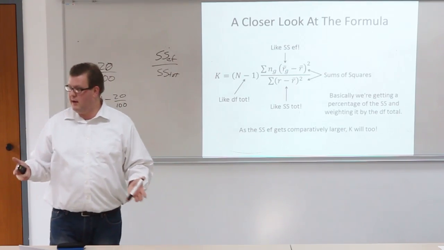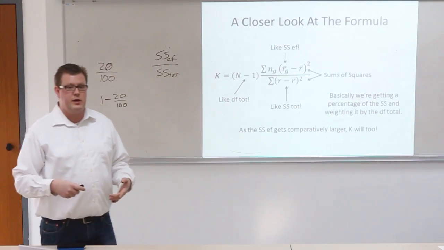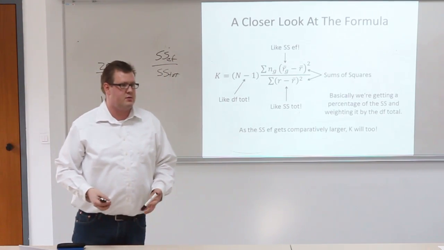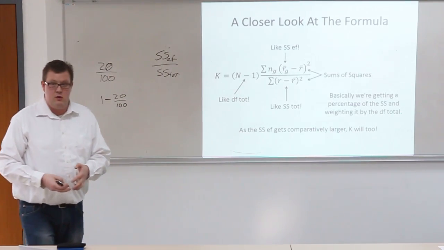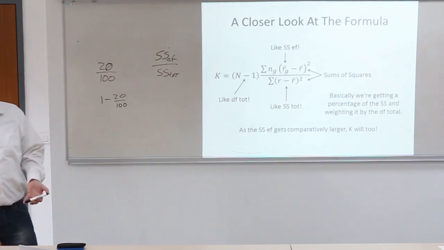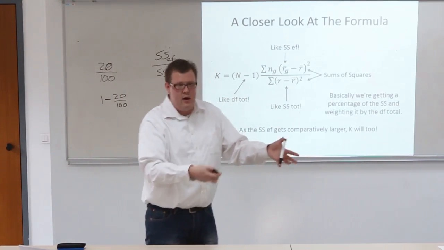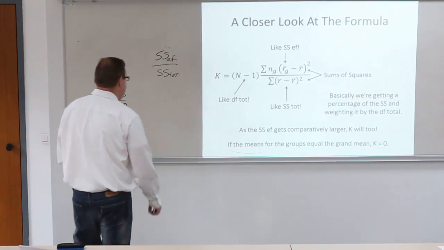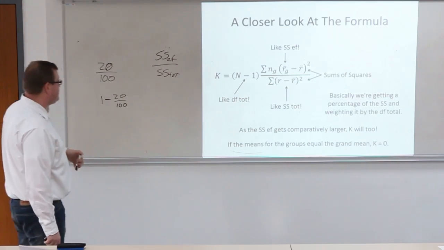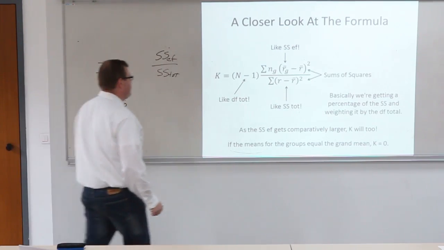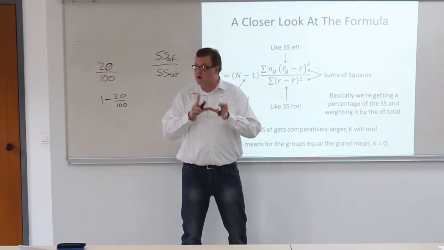So as k gets bigger, we are more likely to reject the null hypothesis. If we have a small k, we are going to be more likely to fail to reject, right? Just like the chi-square, we want a larger value of chi-square if we're going to reject the null. Okay, so if the means for the groups equal the grand mean, so if there is no difference between the group means, right?